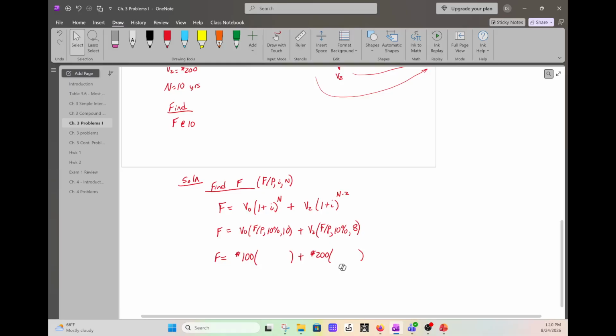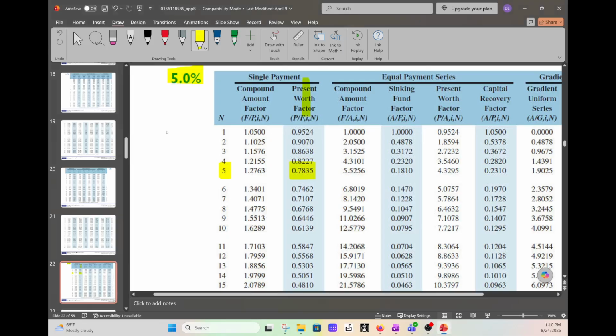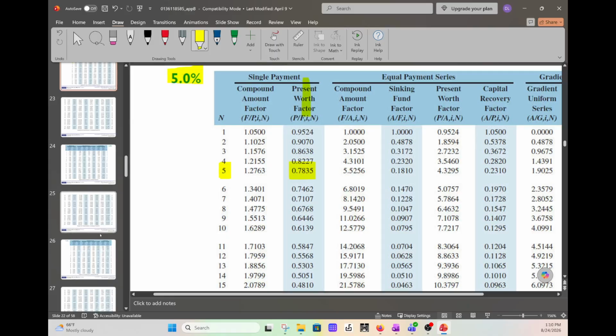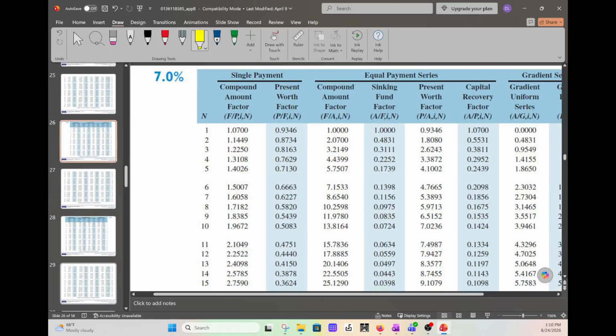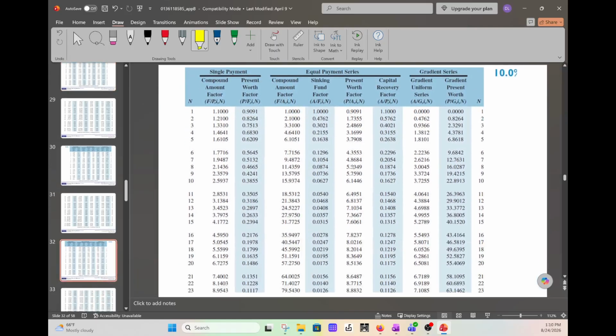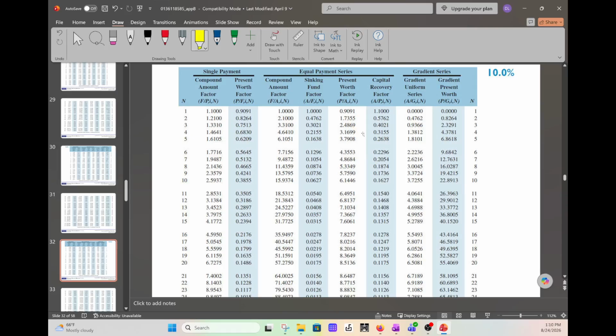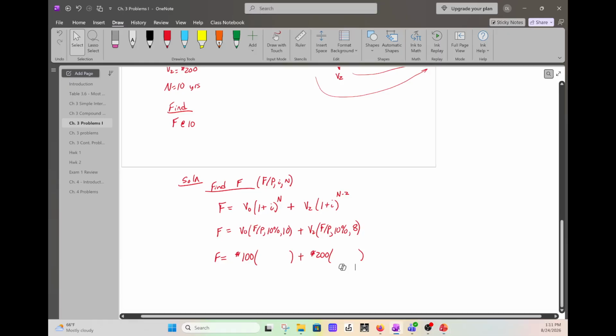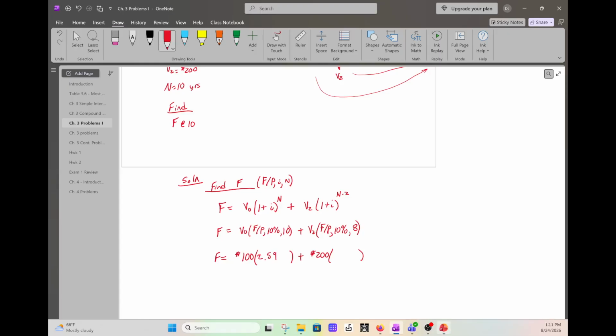So what we need to do is go back to the appendix. And we're looking for 10%. Yep, 10%. And we're in this column now. And we're looking for 8 and 10. So 2.59 is going to be this one. 2.59.